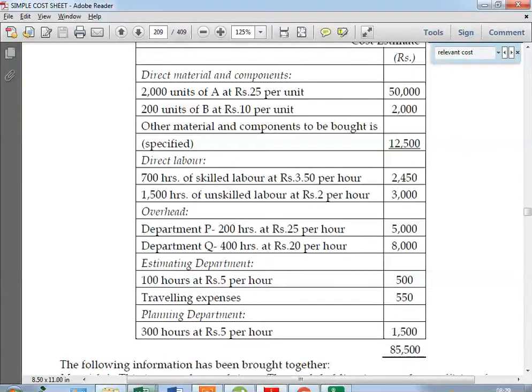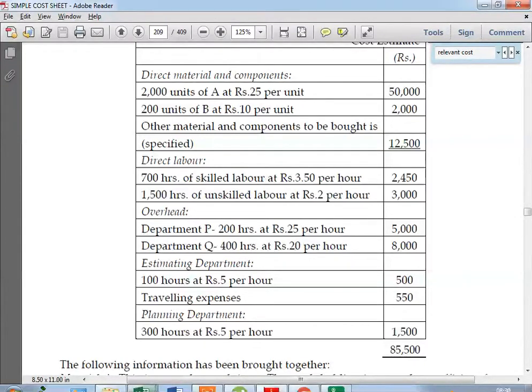Next, other materials and components. Any additional information given? Nothing? Now please listen. They have said to be bought, which means an incremental purchase is to happen, so it's a relevant item as such. No additional information is also there.